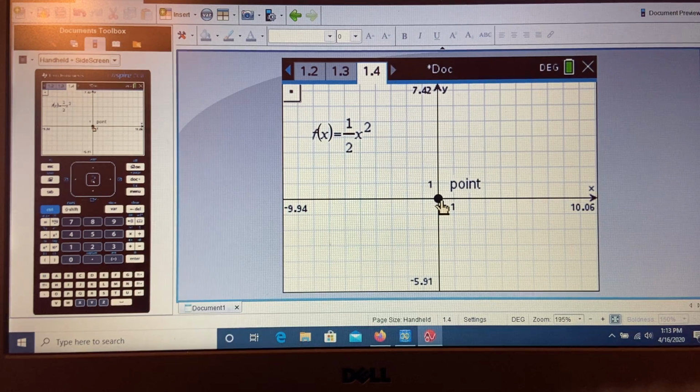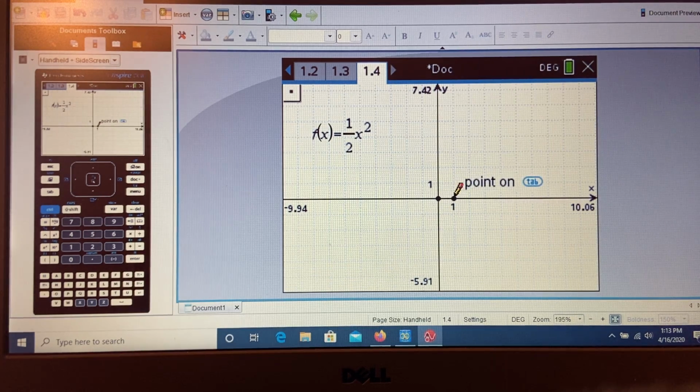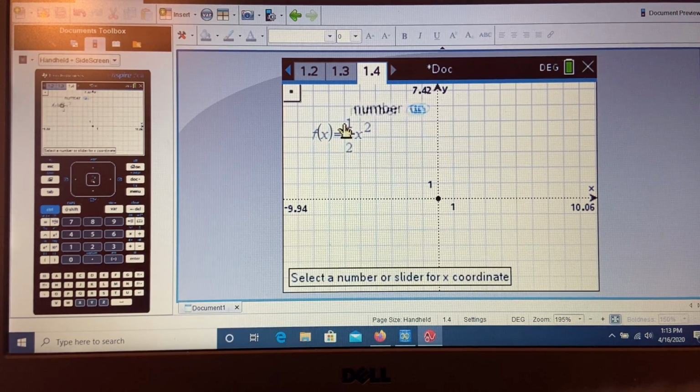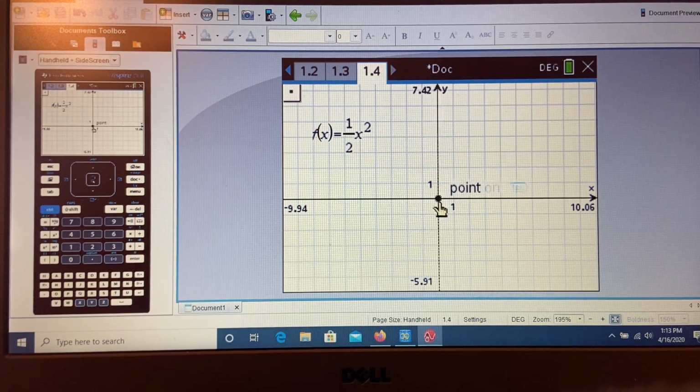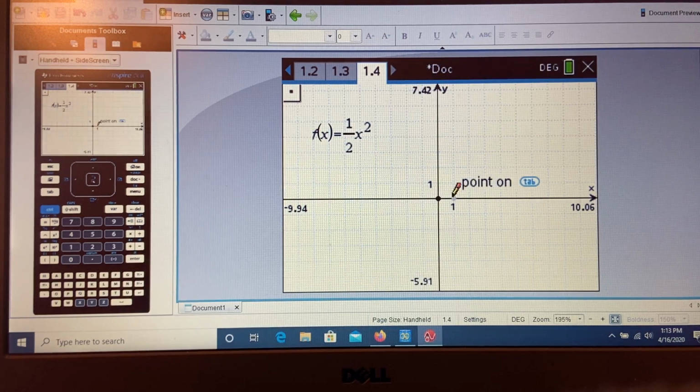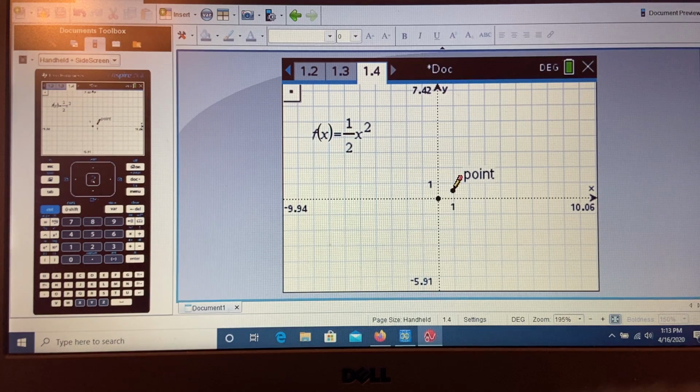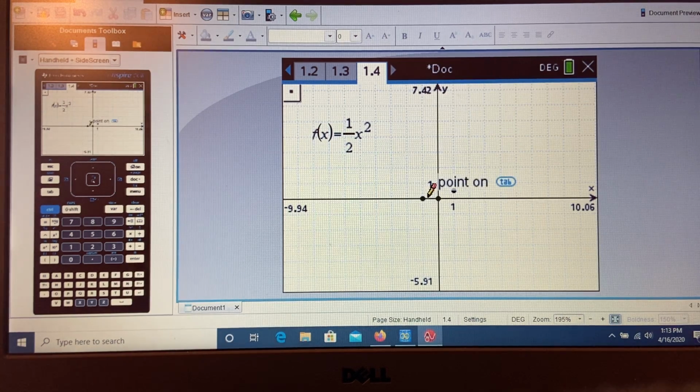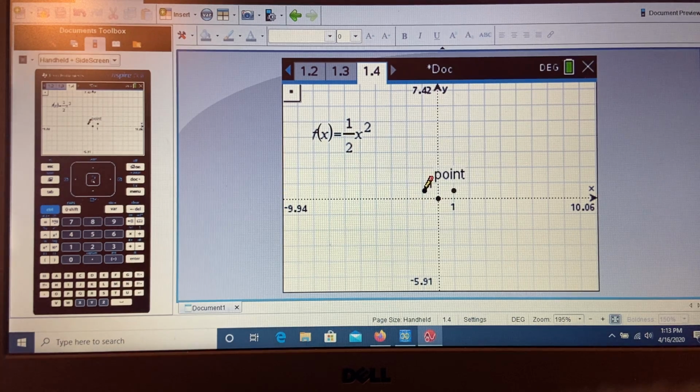Now on this one, our parent function would go over 1, up 1, but this is wider. So it's going to be between here. So we would have to multiply it by a half. So we would go over 1 and up approximately a half. Now this isn't going to be exact. And we would do the same thing on this side.